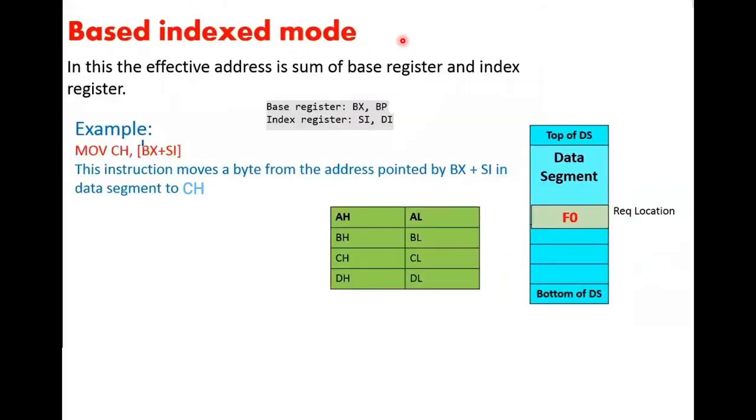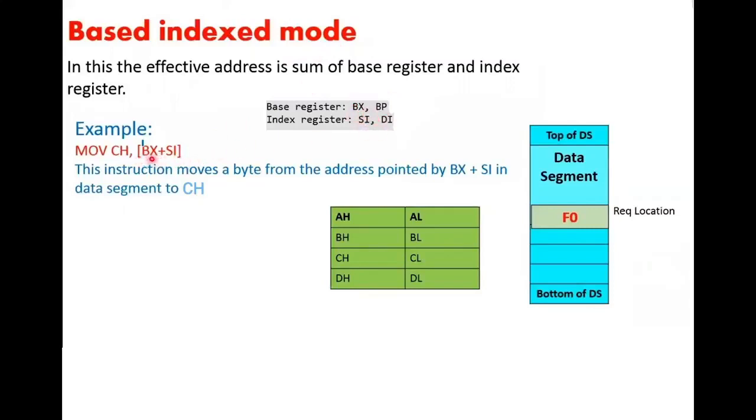addressing mode. The next one is based index, which means a combination of base register as well as index register. If both come, that particular addressing mode we can call based index addressing mode. In this we can use BX or BP, SI or DI.